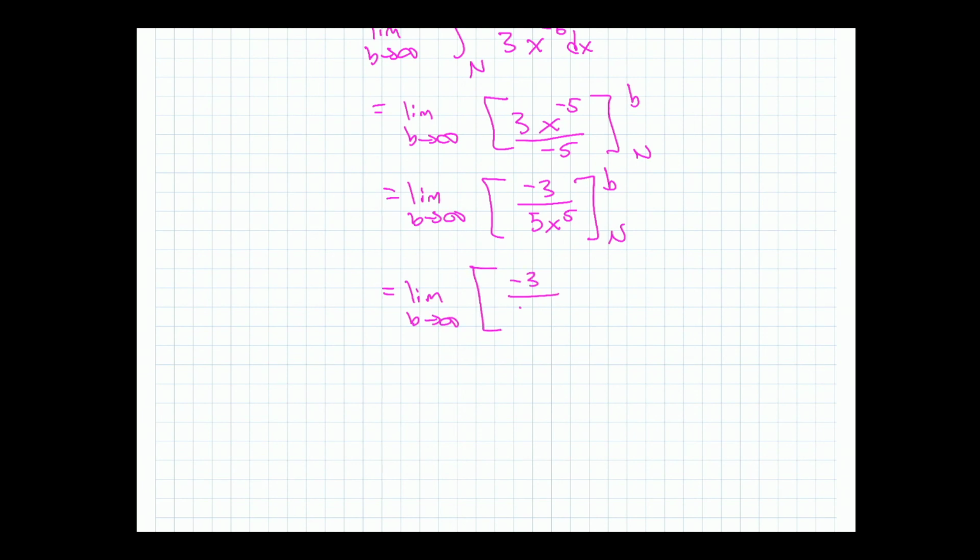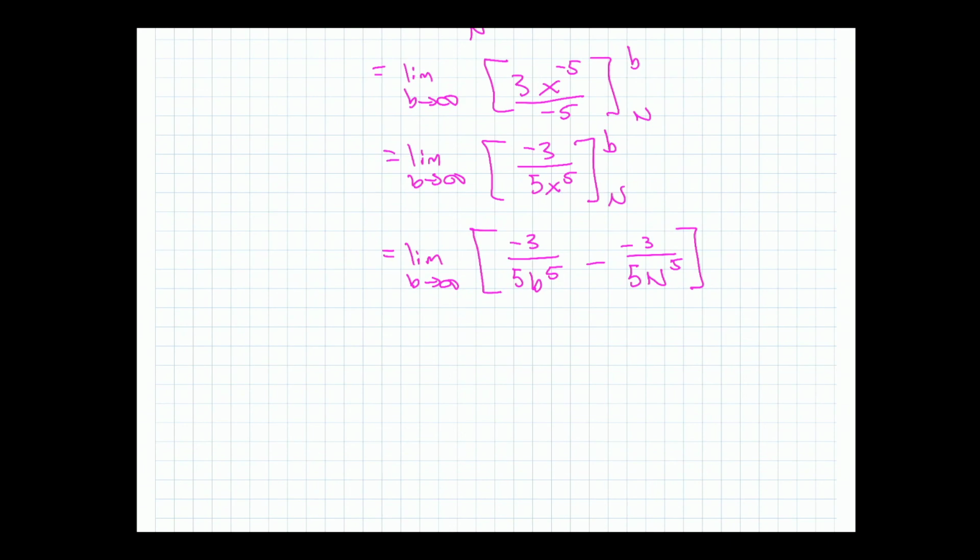Put in your b, put in your n. We're just leaving n as n. When b goes to infinity, that term becomes 0 because you're dividing by infinity, and you have simply 3 over 5n to the 5th.